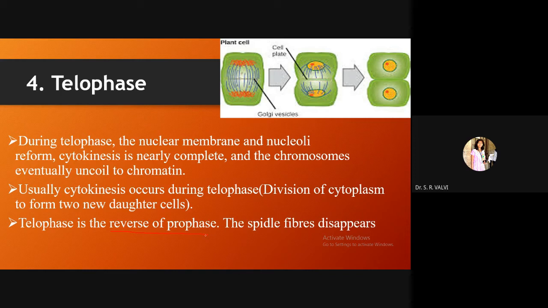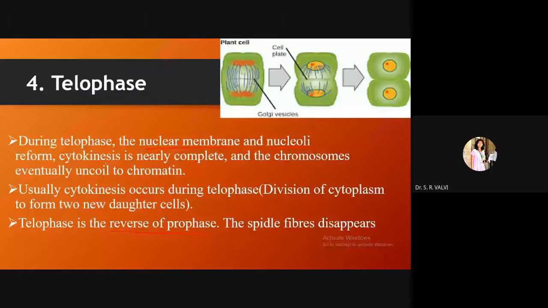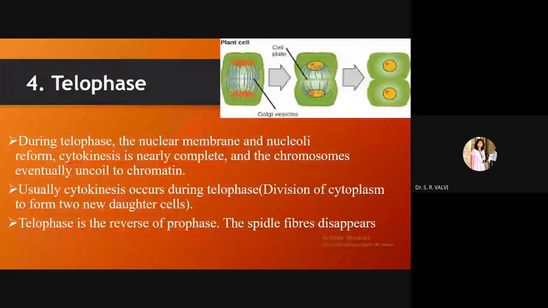So in telophase, the nuclear membrane and nucleoli are going to form, and cytokinesis is nearly complete. Cytokinesis: cyto is the cell, kinesis is the division, right? So here the division, you can see the cell plate is named over here, and the cell plate is going to form. With the help of this cell plate, the single cell is going to divide into two, and here again the sister chromatids are moving towards one pole, and this is the opposite pole.